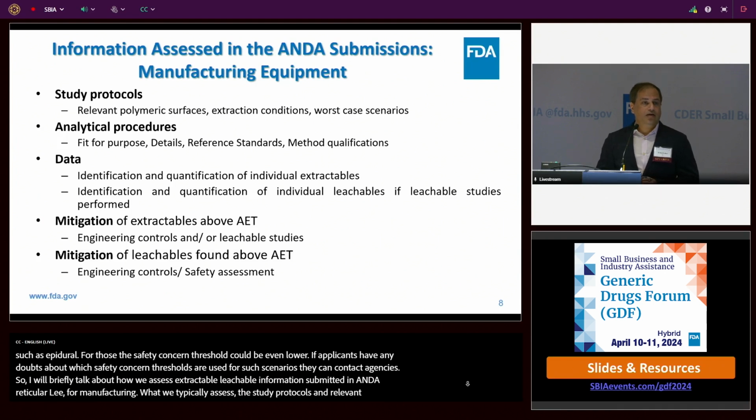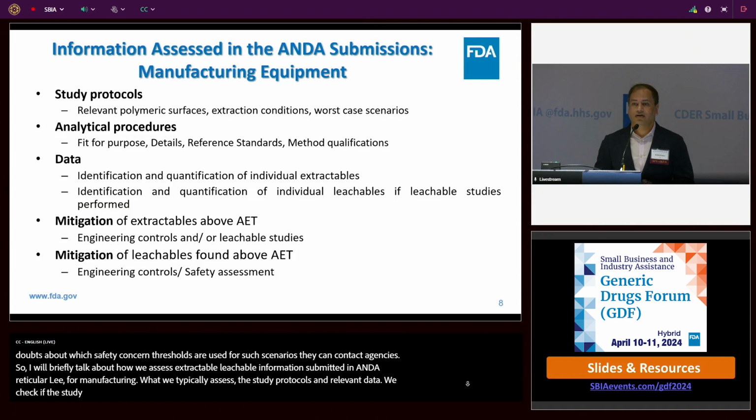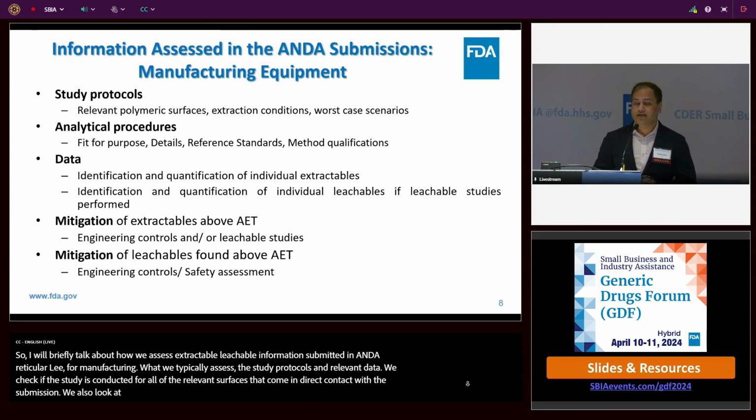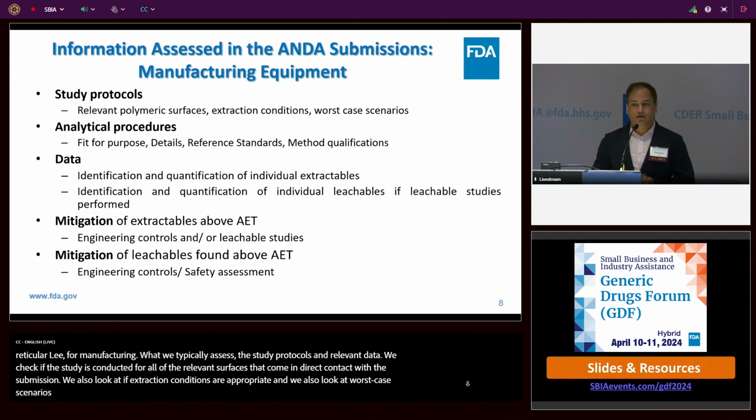So we check if the studies are conducted for all the relevant surfaces that come in direct contact with the bulk solution. We also look at if extraction conditions are relevant and appropriate for extractable studies. We also look at if worst case scenarios are considered for extractable as well as leachable studies.